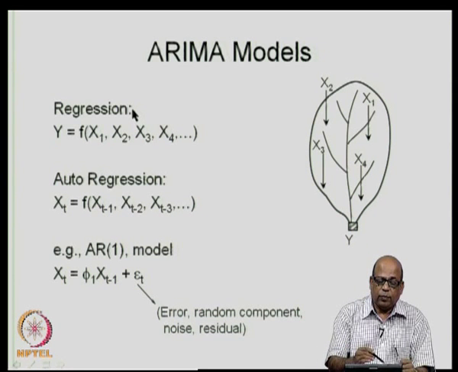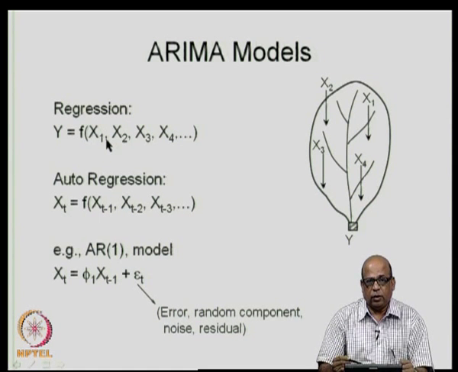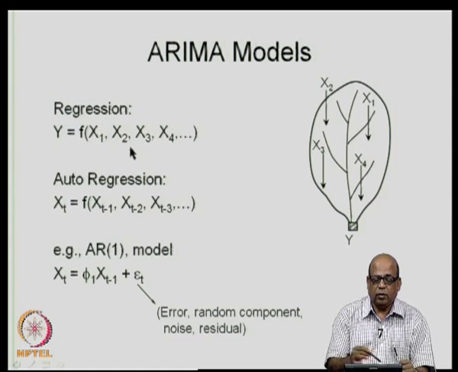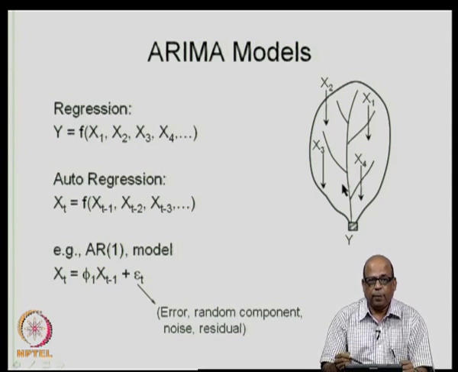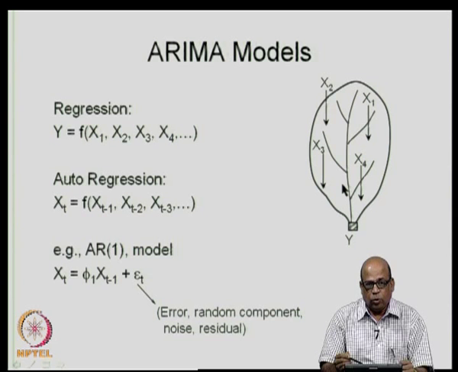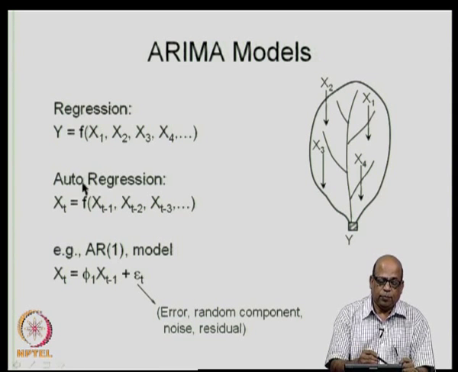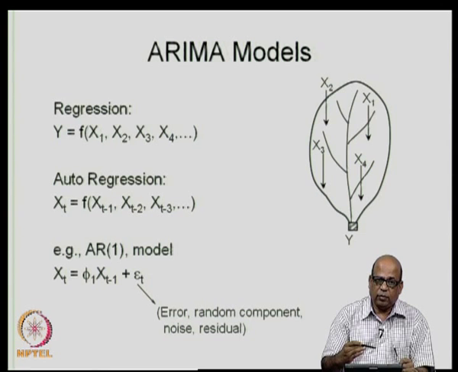Whenever we talk about regression, we generally understand that you are regressing one variable on other variables. In autoregression, what we do is regress the variable upon itself, but using the values that the variable has taken at different time periods.